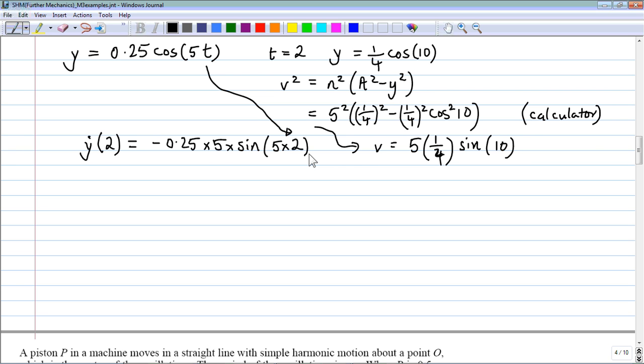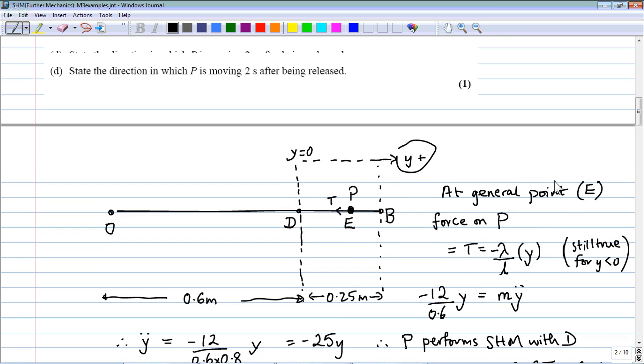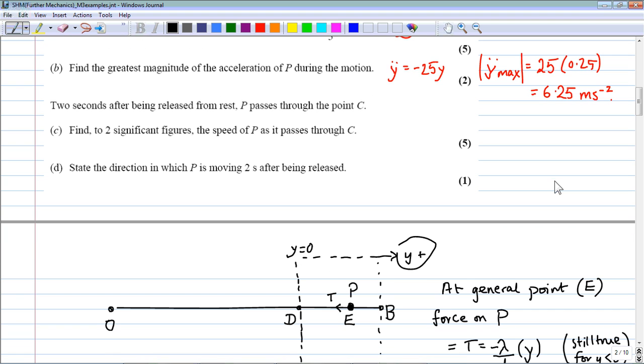So forgive me if I calculate this wrong, but I'm pretty sure that is equal to 0.68 meters per second. Okay, so that's how you can calculate the velocity. Notice it's basically saying that we can calculate the velocity at any time as long as we know the amplitude, the starting value of y, and the period. So let's give a tick there.